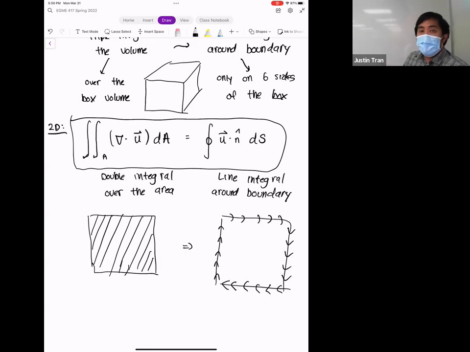Yep. So the line integral around the boundary, that's similar to the control volume, right? Considering everything inside. Yeah, so actually that's a good point. So this has strong roots in fluid mechanics. If you remember, when we did control volume analysis in fluids, what we were concerned with was what fluids were entering the volume and what fluids were leaving. And the way we evaluated that was with the surface integral.